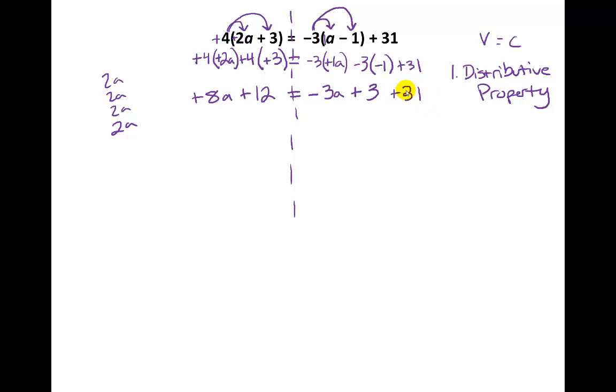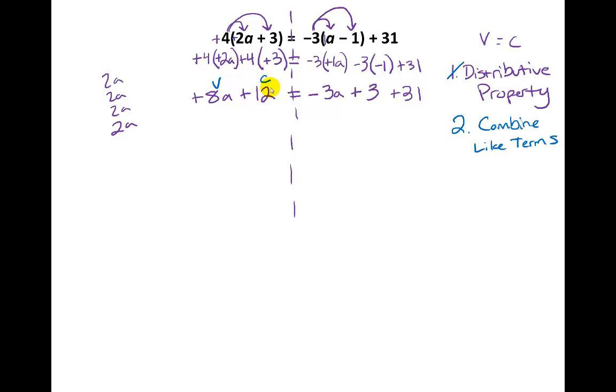Now that I have an equation without any parentheses, that tells me I'm done with the distributive property. I need to move on to step 2, and that is to combine like terms. So I'm going to go through and identify what terms I have. I have 8a. A is a letter. It's a variable, so that tells me this is a variable term. I have 12.